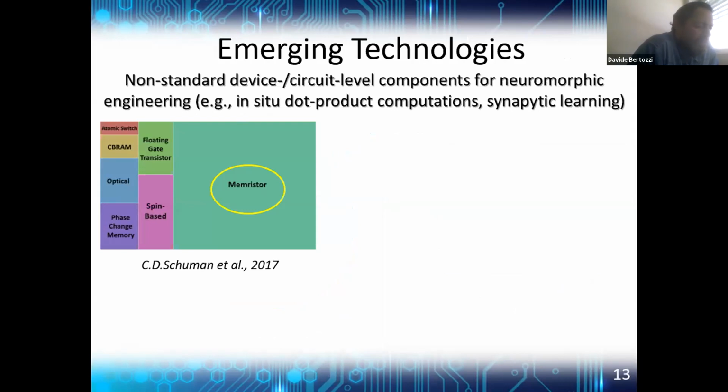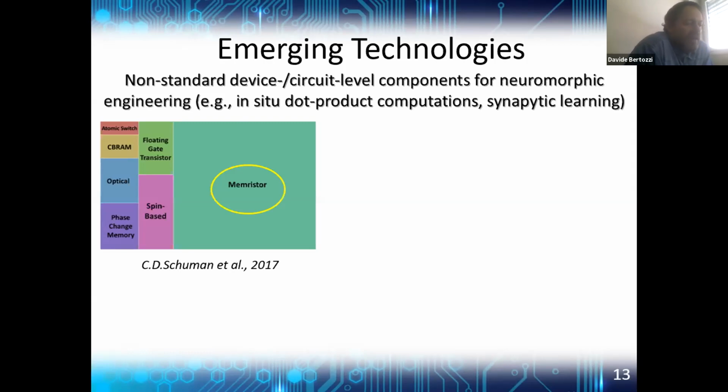Last but not least, emerging technologies. To keep pace with soaring demand for computing power, researchers have recently begun exploring a twofold approach to enable both beyond von Neumann and beyond silicon computing models. Along this track, non-standard device-level or circuit-level components are being increasingly considered for neuromorphic systems.